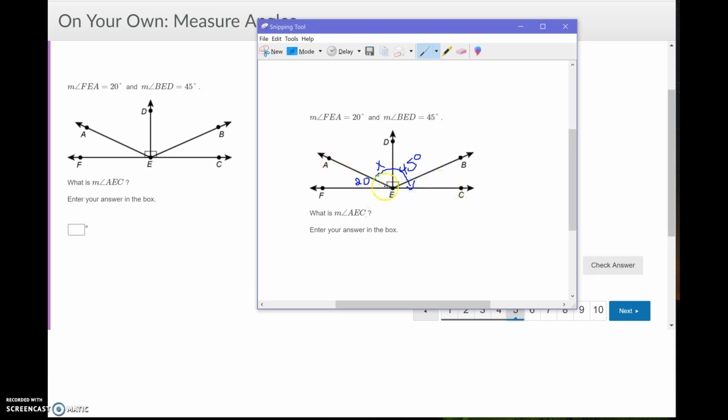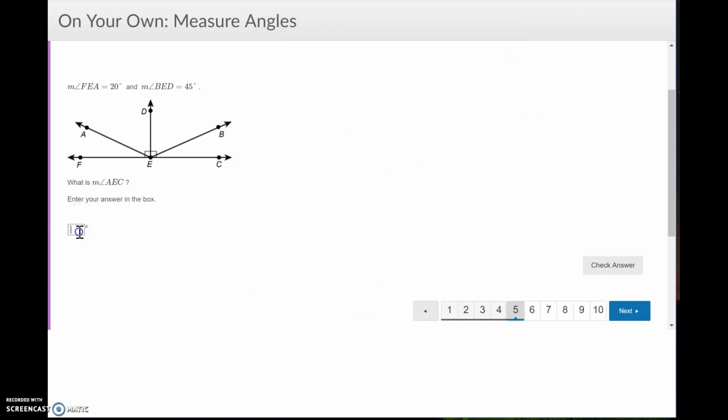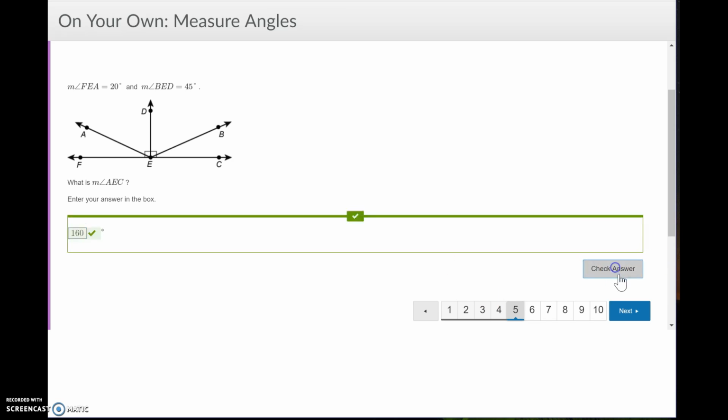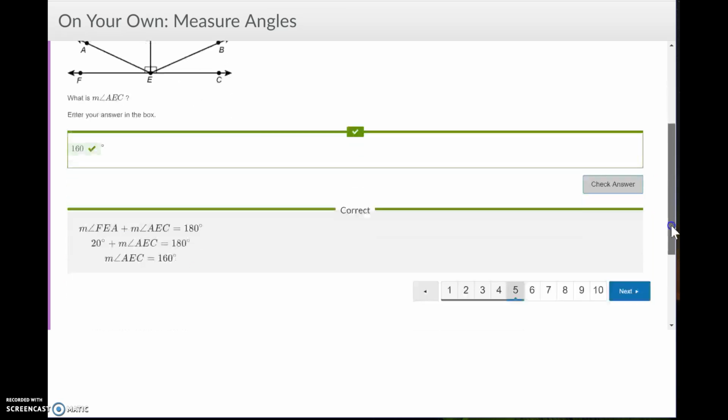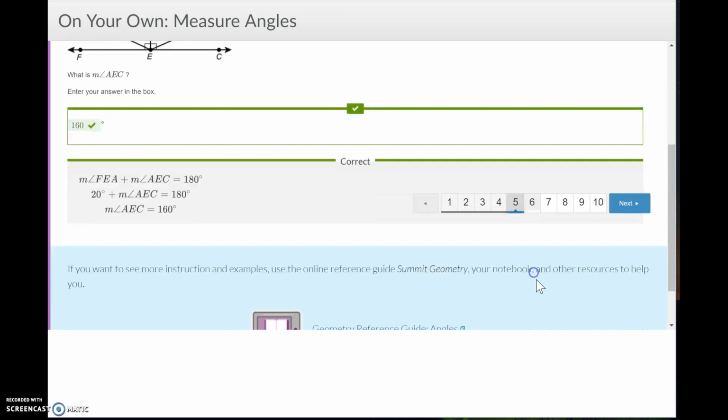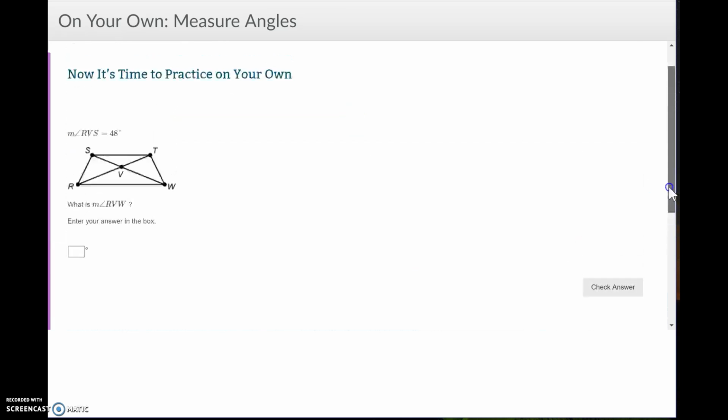So we see it makes a straight line with this 20-degree angle, so we can take 180 and subtract 20, and that gives us 160. And that should tell us, oops, I gotta type it correctly. There we go. And that gives you the explanation there. We go some more.